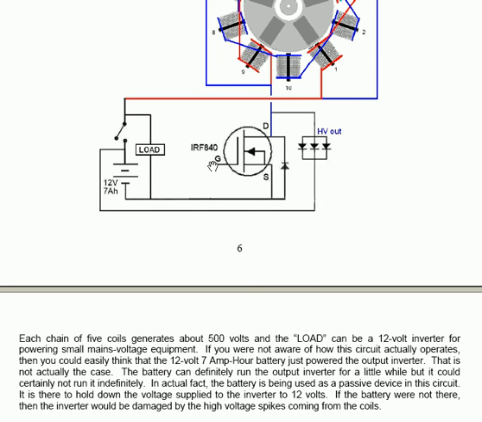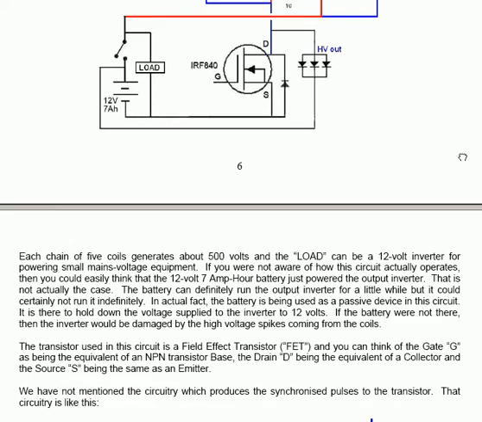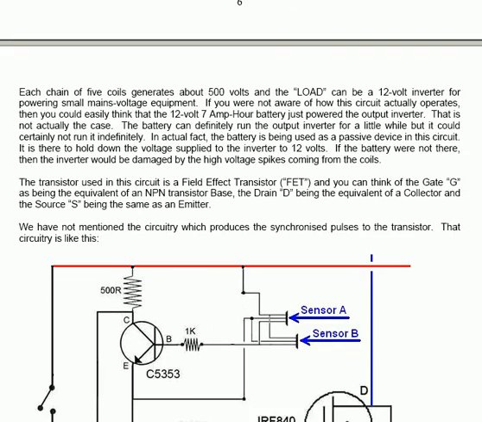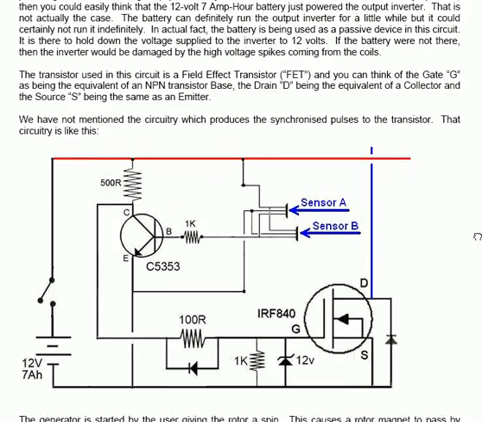We have not mentioned the circuitry which produces the synchronized pulses to the transistor. That circuitry is shown here. You have two sensors because you're using two separate sets of 5 coils. The two sensors, though they don't look it, are actually wired exactly across each other.